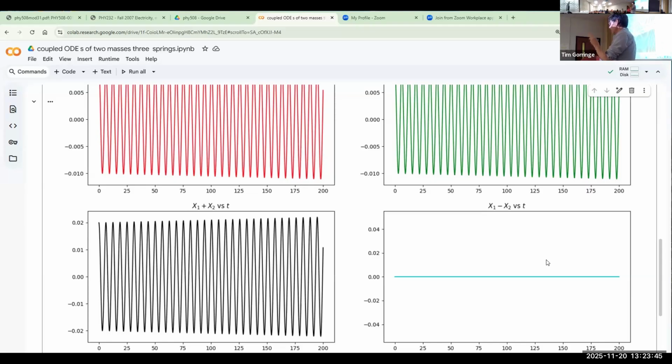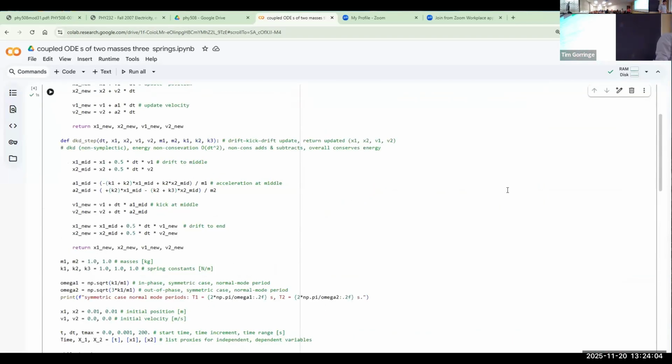So the difference in x1 and x2 is 0. This clearly shows you've got in phase oscillations of the two masses with the same amplitude.